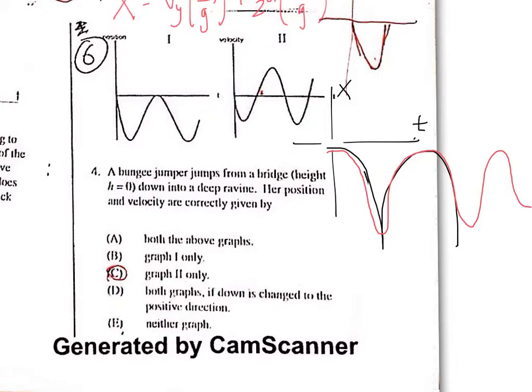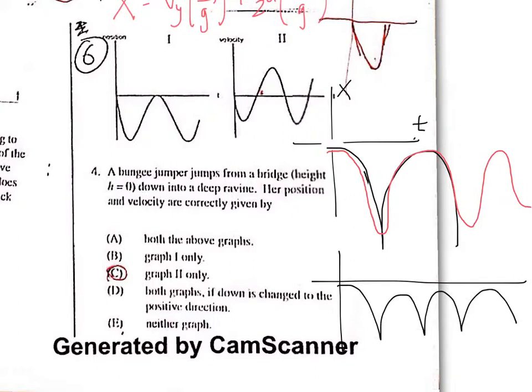So this is close, but in this she starts out moving as fast as possible, which is not correct. So if we took this graph and drew the velocity versus time graph, I think we've done one like this in class where we had a position time graph like this, and the velocity time graph is 0 and then goes in the negative direction, so it would be sort of like this.